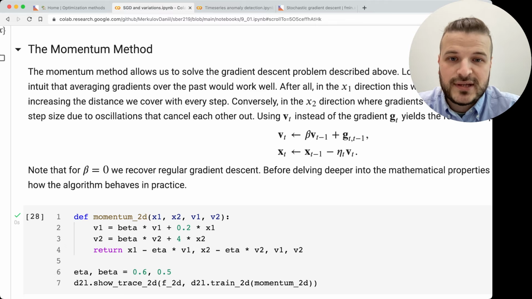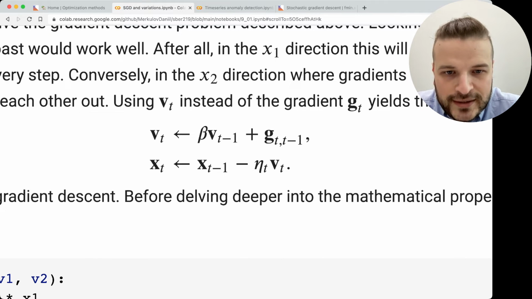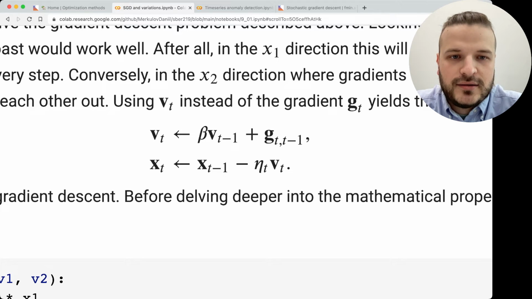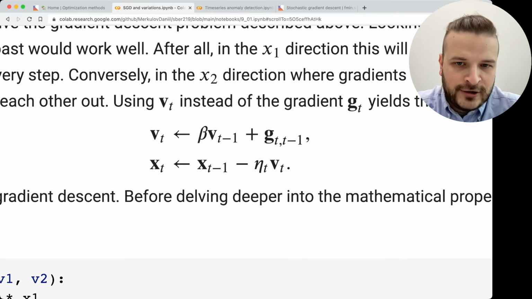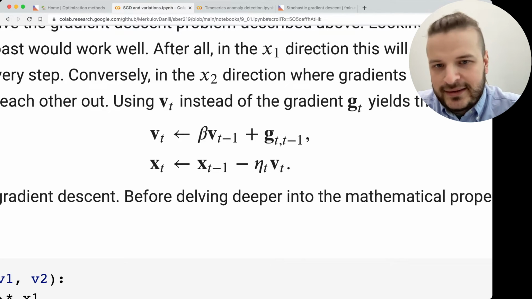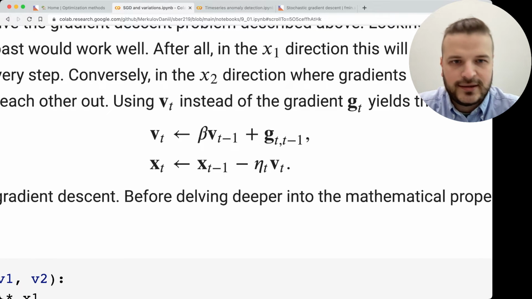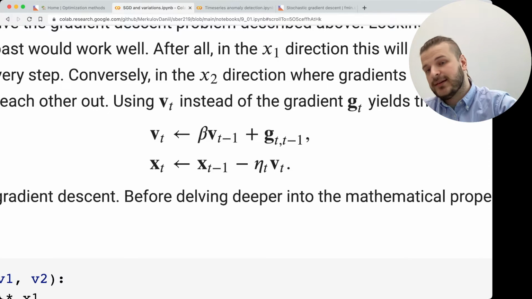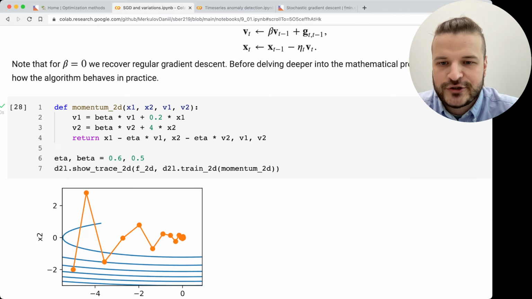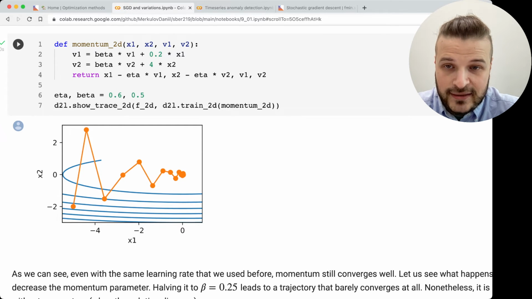But if you use momentum, what's going on? Instead of going along just the g vector, you're taking an exponential average, multiplying the previous direction by beta and adding the current gradient. So you're going in the anti-gradient direction and some combination of previous directions, which means you're stabilizing things.